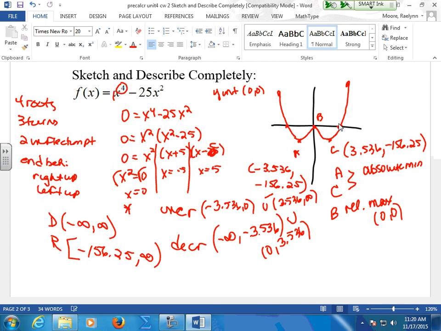Now, when we see a cave, it kind of looks like this. This is a cave down. A cave up is just the other way. So we're going to look for something that caves up or down. So we notice that this caves up. This curves down. And then what did this do?